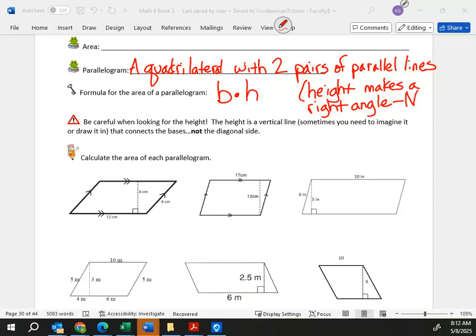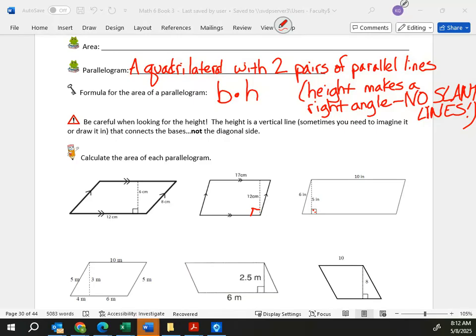No slants. No slant lines. Remember, we cross off our slant lines, no slanties. Cross off the slant lines, that is not your height. Your height goes straight up and down, making that right angle. Even if it's not marked, it's the one that goes straight up and down.